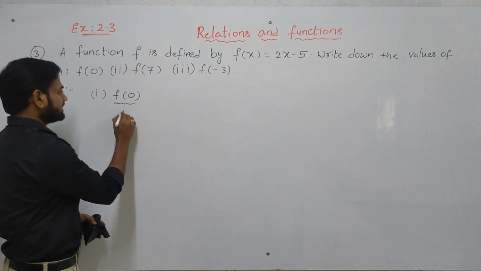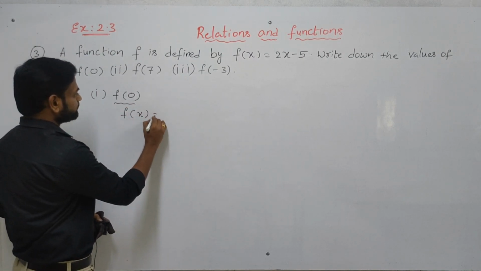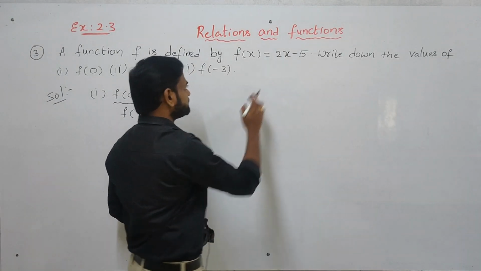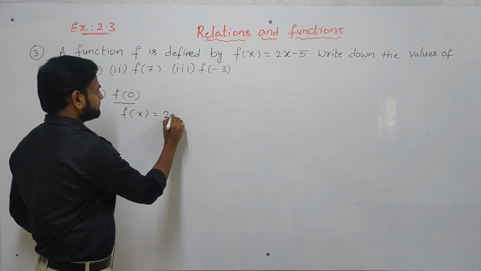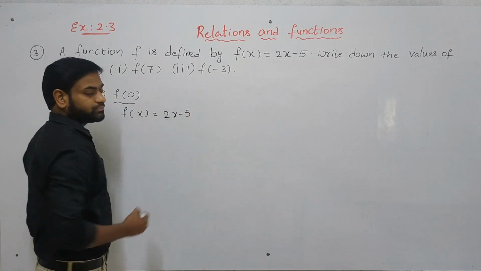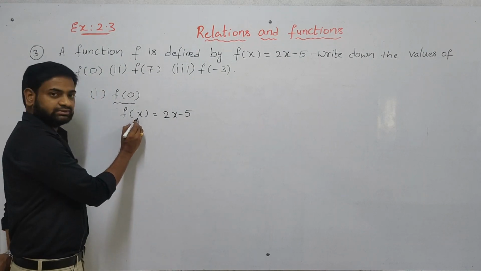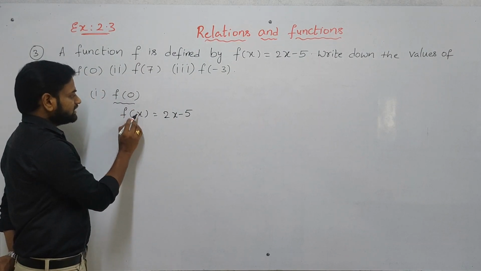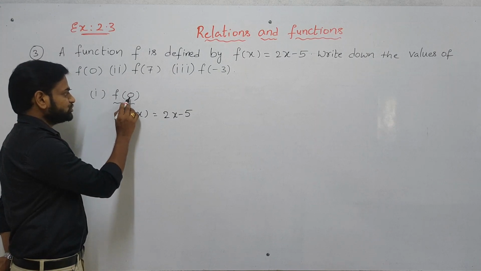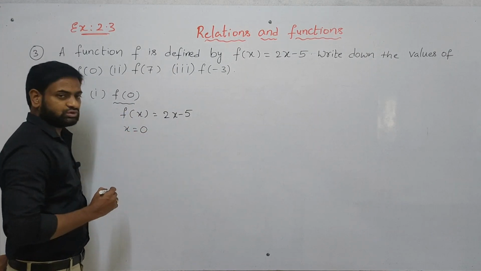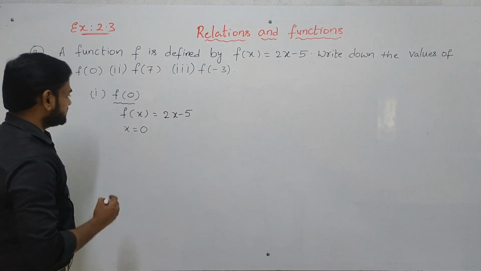What is f of x? Actually, f of x is 2x minus 5. Now compare here, what is the x value? The x value is 0 here. So x equal to 0, substitute here.